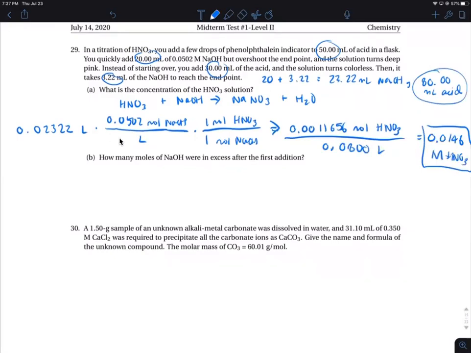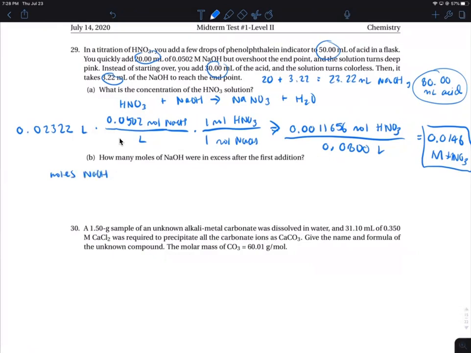Okay, so that's it for part A, and then for part B, how many moles of NaOH were in excess after the first addition? All right, so to know how much was in excess, we need to find the moles of acid and base that were present initially, right? So let's find moles NaOH.